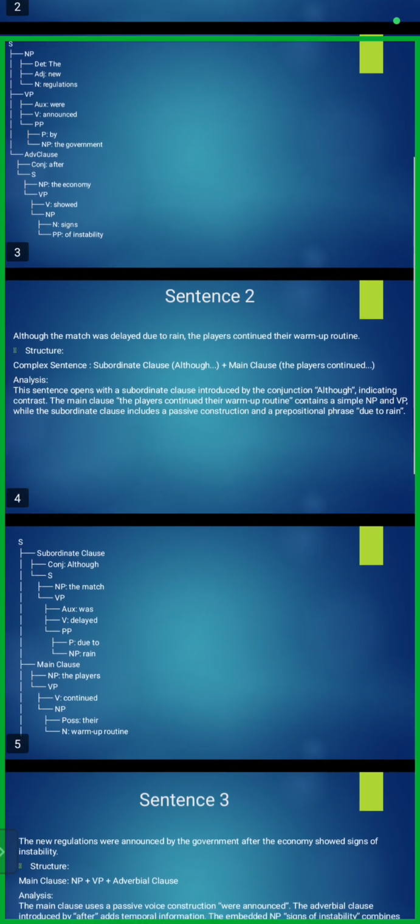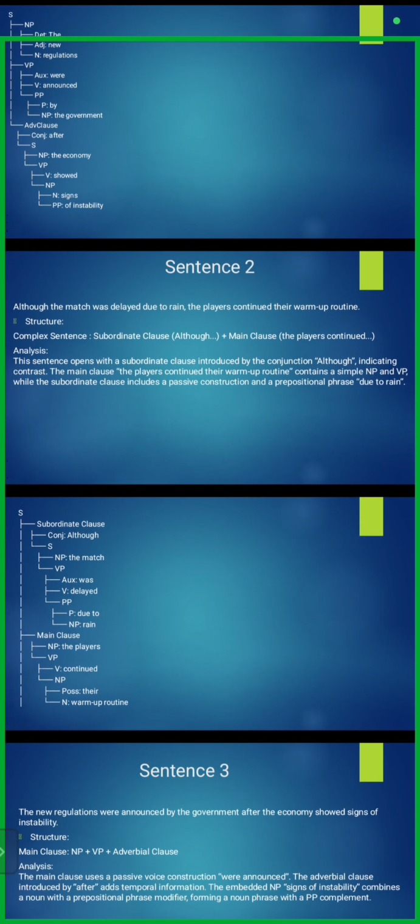Next, sentence 2. Although the match was delayed due to rain, the players continued their warm-up routine. The structure is a complex sentence: subordinate clause, although, plus main clause, the players continued. The analysis: this sentence opens with a subordinate clause introduced by the conjunction although, indicating contrast.